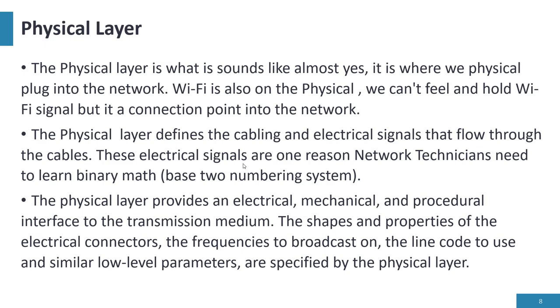The physical layer defines the cabling and electrical signals that flow through the cables. These electrical signals are one reason why network technicians need to learn binary math, the base 2 numbering system.